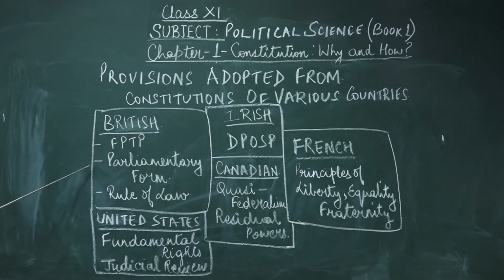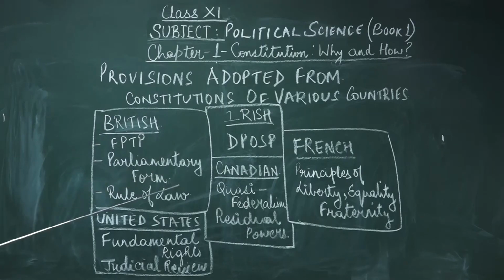When they found anything good and applicable to India, they adopted it and borrowed a number of provisions from different countries. Borrowing was not a slavish imitation. It was just a way that they could also make a constitution which was applicable to India.